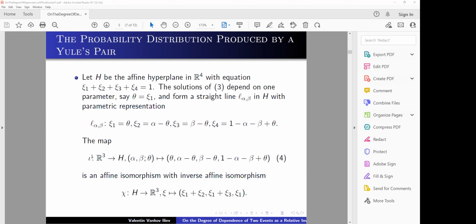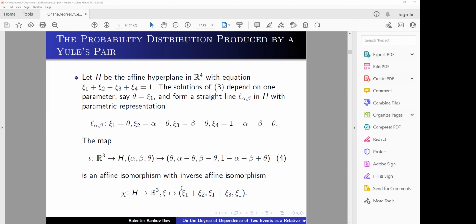So we can define this iota, this map from R3 to H, using the formulas from here. And you get in this way an affine isomorphism iota with inverse affine isomorphism kappa, from H to R3, that has this form. This can be found immediately from the system.